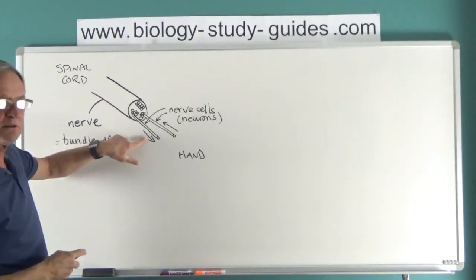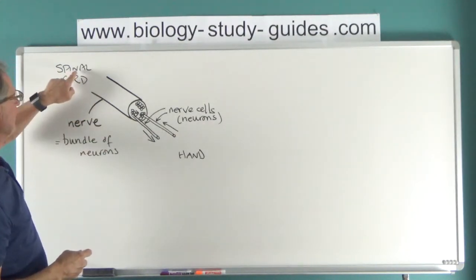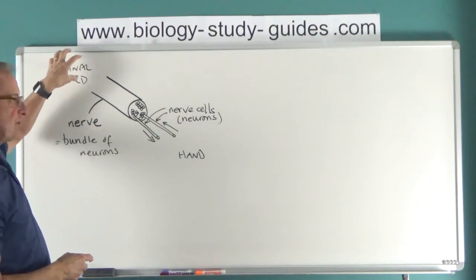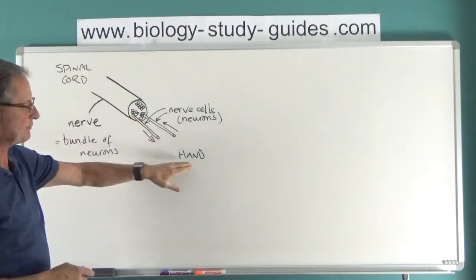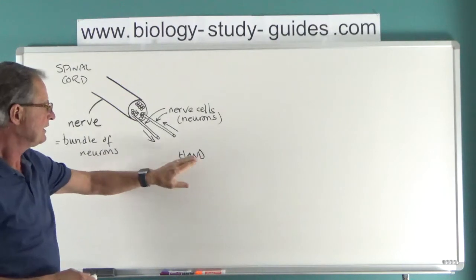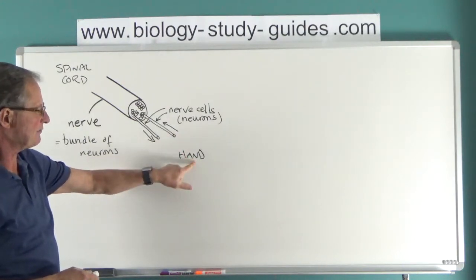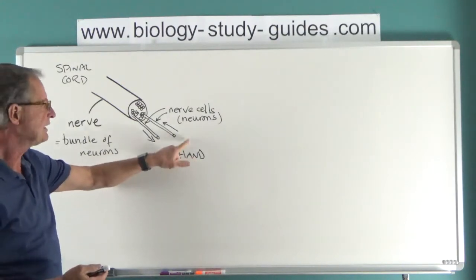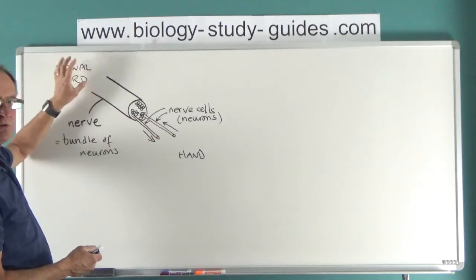This one here would be conducting an impulse from the central nervous system out to the peripheral part of the body. And this one would take an impulse from the peripheral part of the body to the central nervous system.